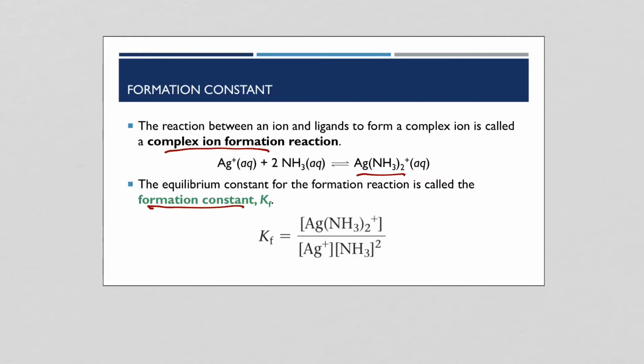So it's going to be our complex always on top, and then our individual species, the metal center and our ligand, on the bottom. Now, the powers will change based on the coefficients of our species. So in this case, there's 2 ammonias for every metal center, so we have a squared. So this power will vary depending on how many ligands can bond to that particular metal center.